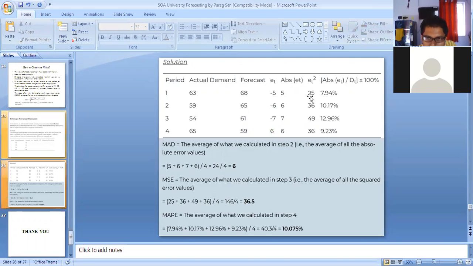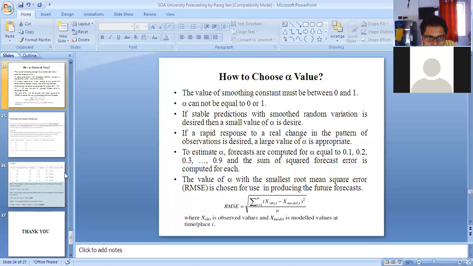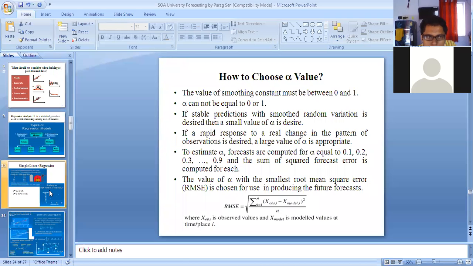And if you take the average of the absolute percentage values, you will have the mean absolute percentage error. This is mean absolute deviation, this is mean square error, and this is mean absolute percentage error. In this way, you can measure your accuracy level.